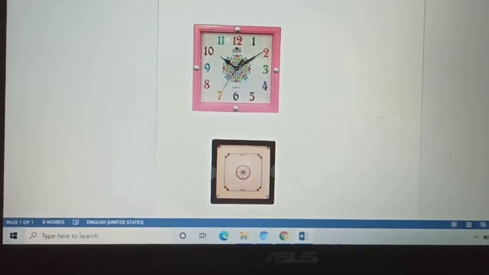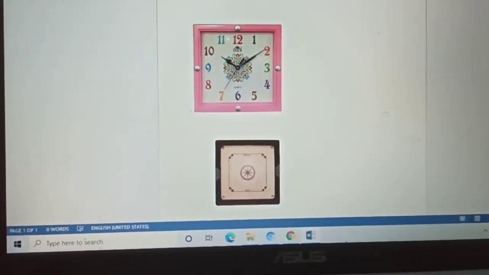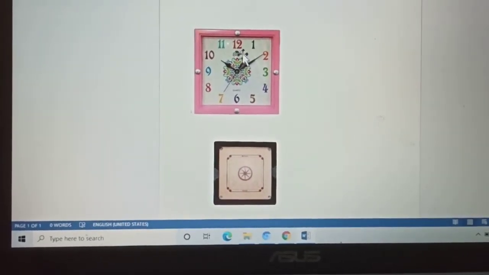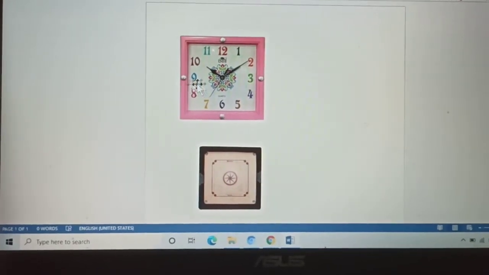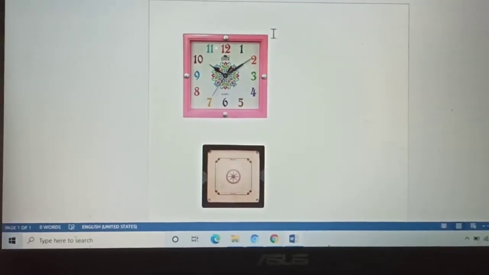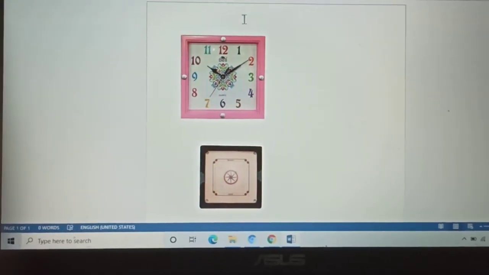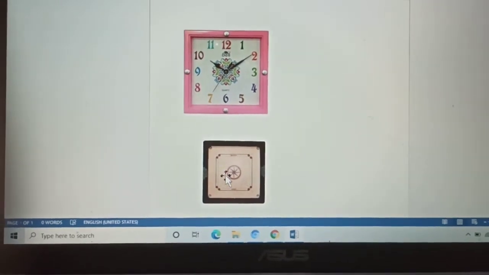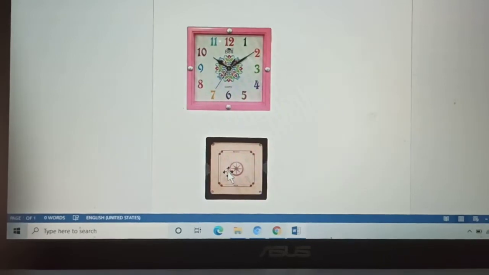Then what is this? This is clock, right? How does it look? Look at opposite sides and also on both sides. Here, here, here, here. See, all the sides are equal in length. Now, what is this? This is carom board. Have you seen this?